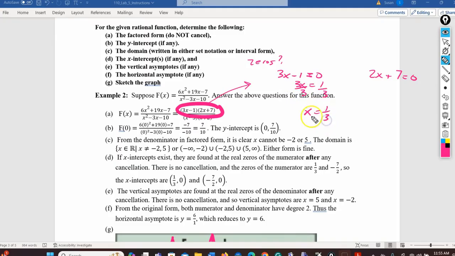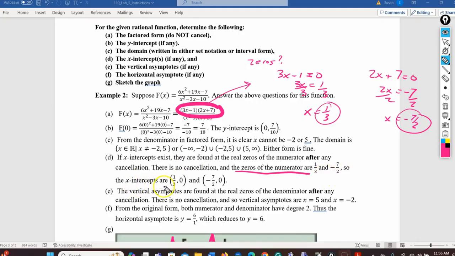So you have a 0 at x is a third, and you also have a 0 at, well, subtract 7 from both sides and divide both sides by 2. So you have 2 zeros. The zeros of the numerator are 1/3 and negative 7/2.